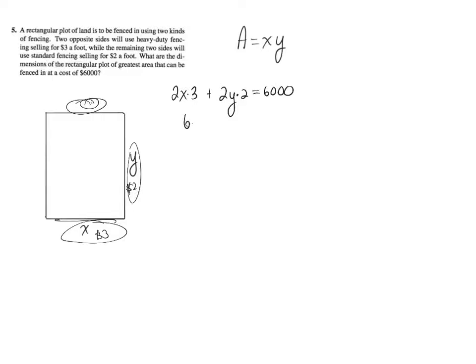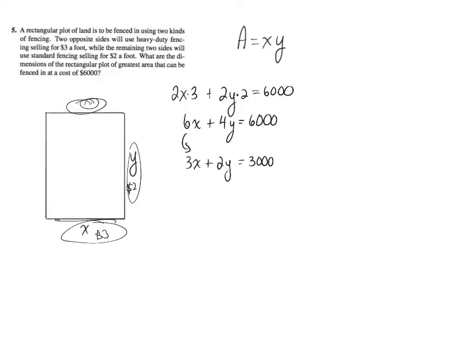So if we clean that up, we get 6x plus 4y equals 6,000, and that's essentially our constraint equation. I would absolutely take advantage of the fact that everything has a common factor of 2, and reduce that to 3x plus 2y equals 3,000. We can use that as our constraint equation.